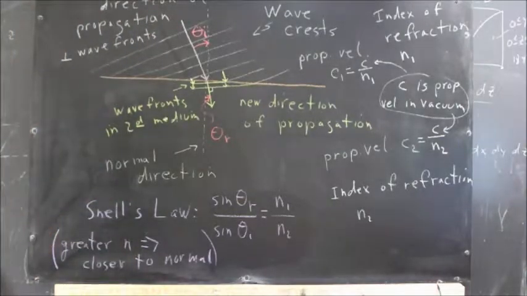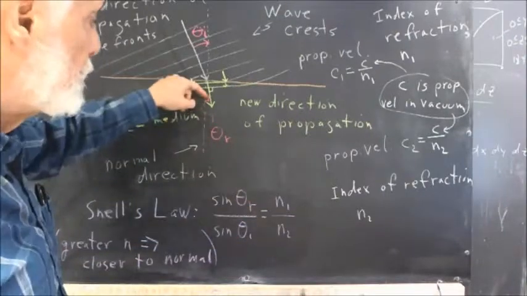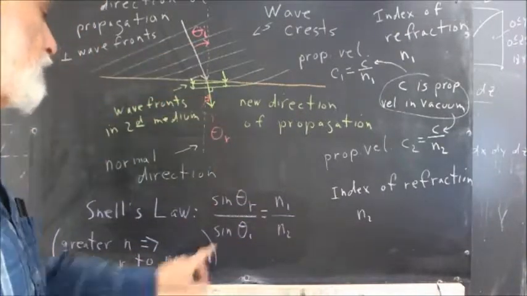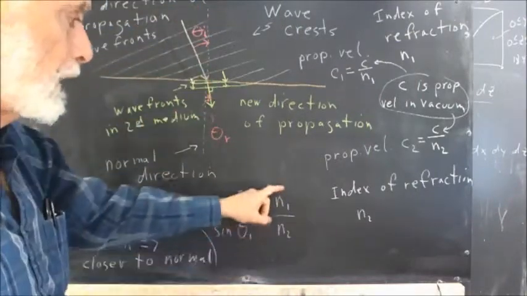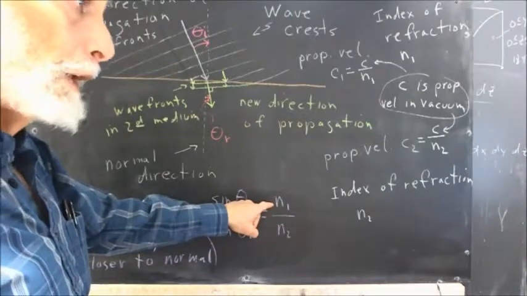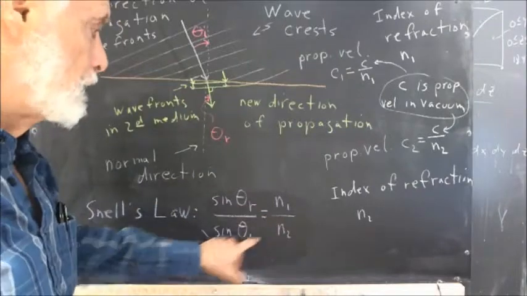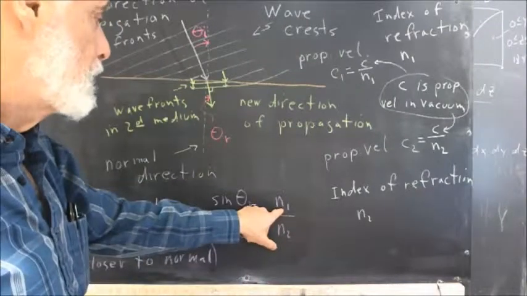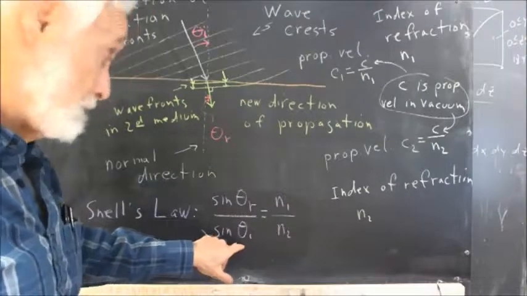Snell's law dictates that the sine of theta sub r, the refracted angle, divided by the sine of theta sub I, the incident angle, is equal to n1 over n2. n1 is the index of refraction that goes along with the first medium, so n1 corresponds to the incident.